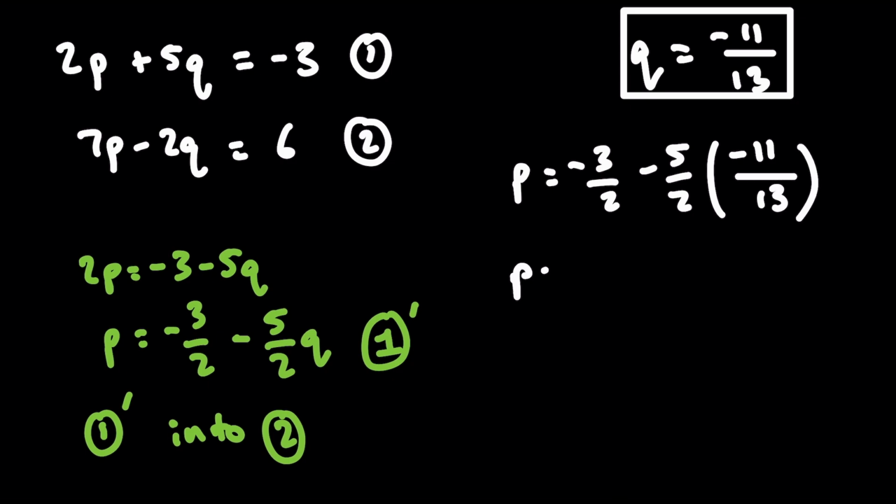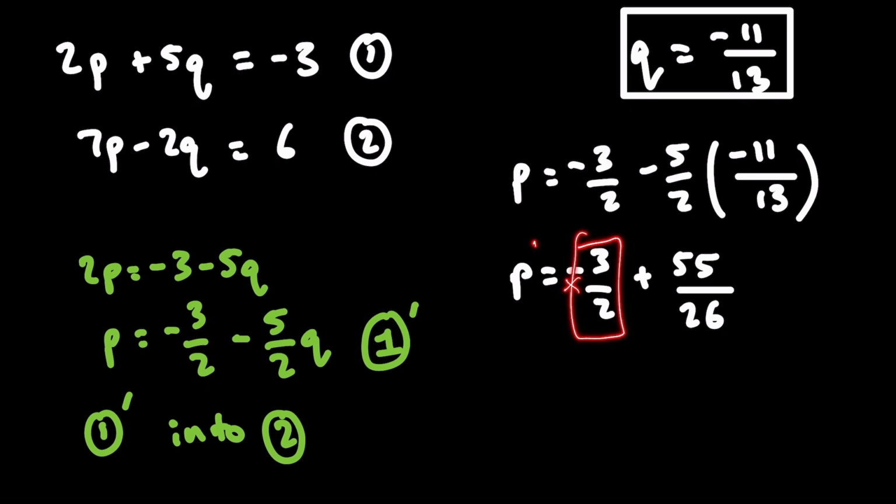So then we can multiply by the 5 on 2. So then we have minus, or I should say plus, as the minus times minus is positive, we have 55 divided by 26. And we know we can multiply the top and bottom of this fraction by 13.